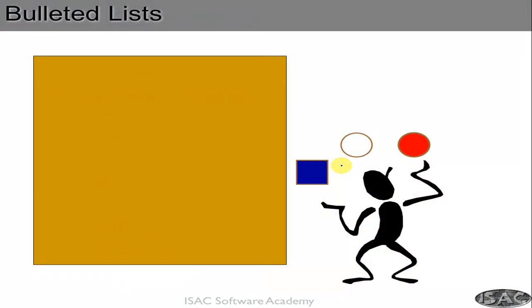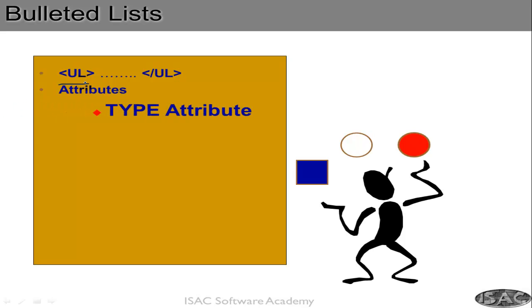Now once you decide to put it like that, how does the HTML code look? So first is UL. What is UL? The full form of UL is unordered list, and this has various attributes. Attributes means you can tell what type of list this is.